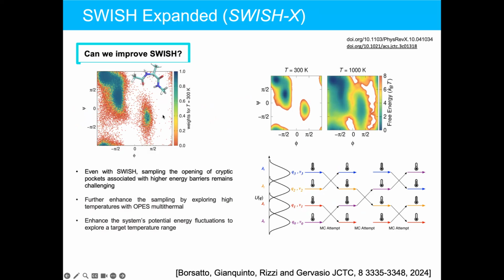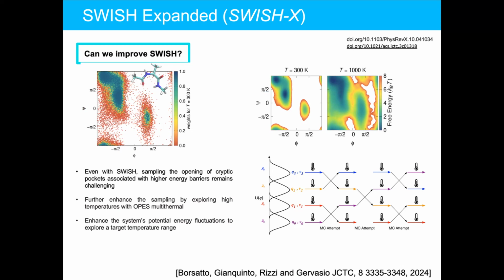Because, for instance, if you want to sample the opening of cavities that depends on changes in secondary structure, that is very complicated, something that we are trying to do with Martin in collaboration with Janssen. I still cannot reveal the details, but hopefully soon there will be a paper about that.